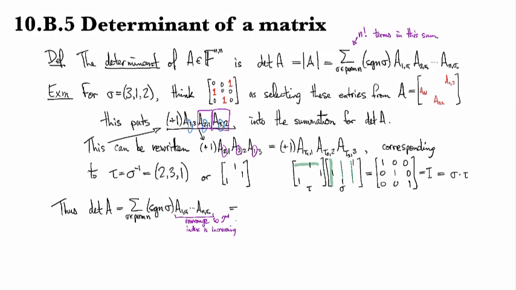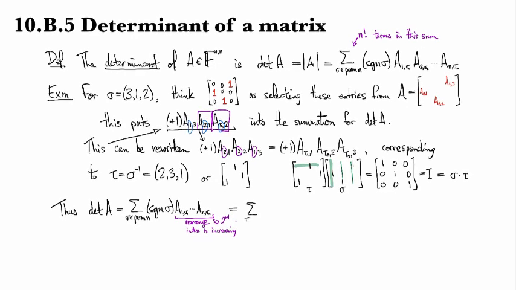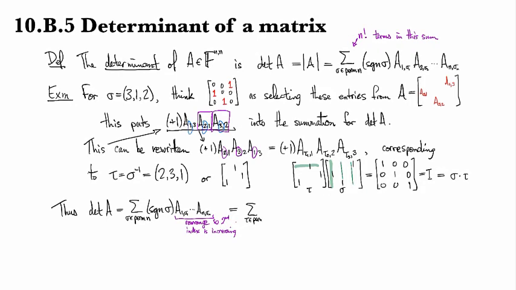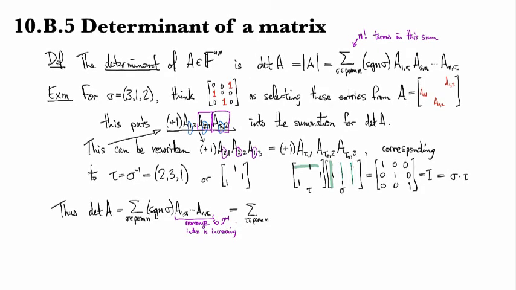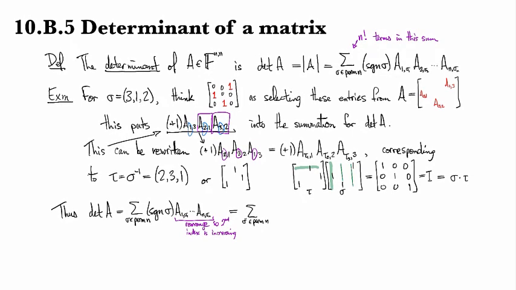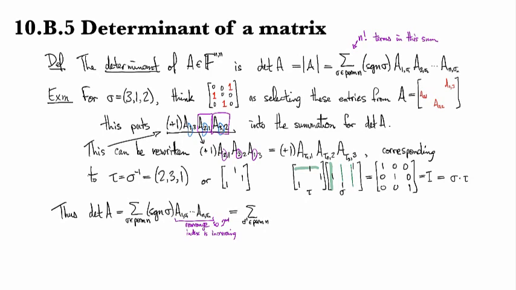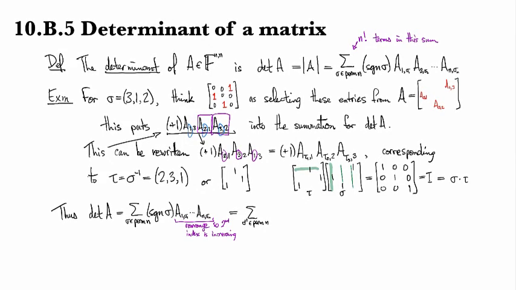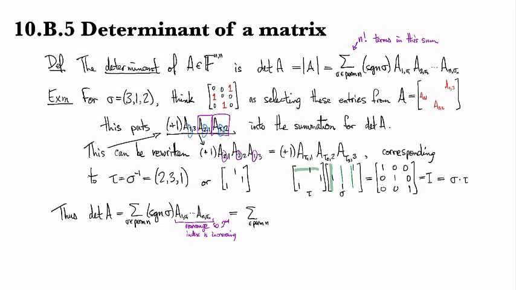And then this gives you the sum over taus in perm n. Actually, we just saw that if you rearrange it so the second index increases, that gives you sigma inverse. I'll do it in 2 steps.